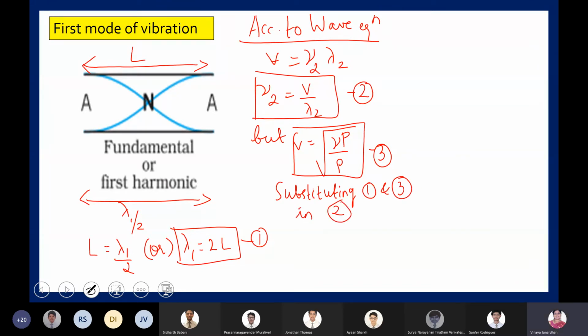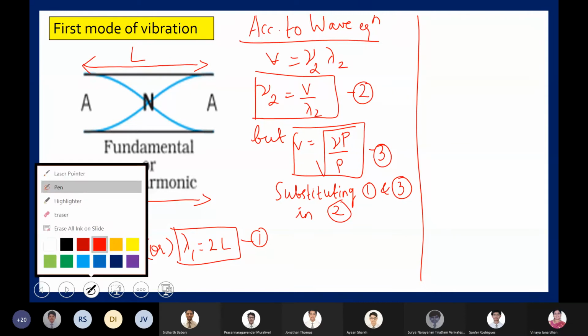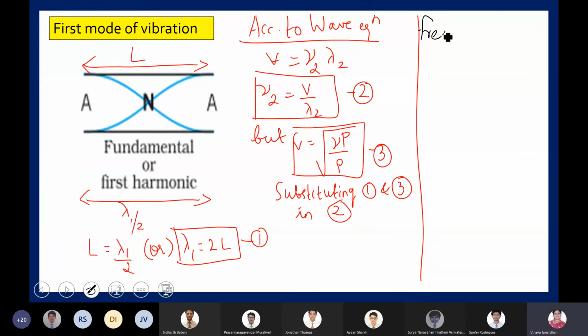So what is the frequency nu 1 then? Nu 1 becomes equal to 1 by 2L root of gamma P by rho.